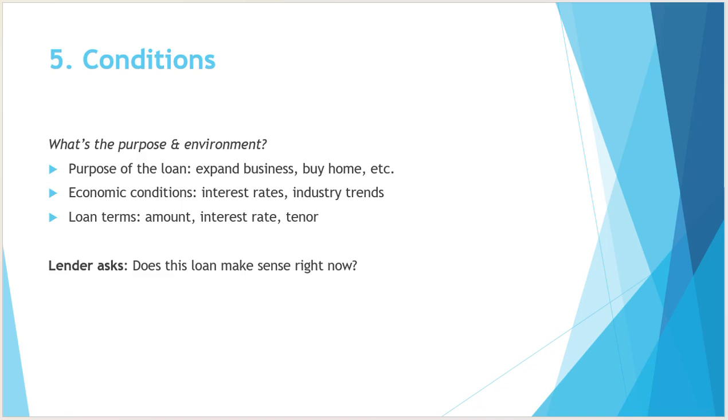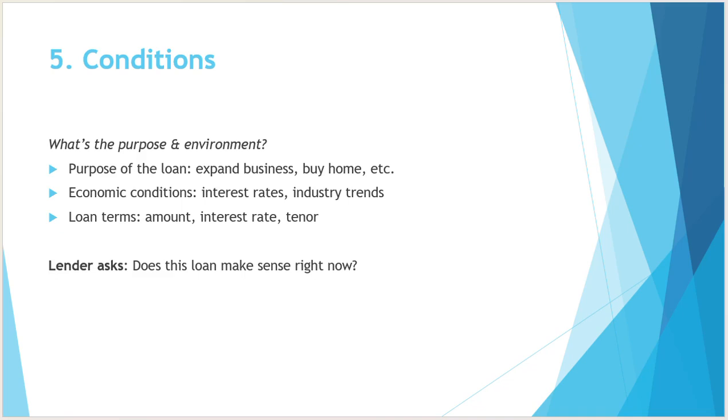The purpose of the loan could be to expand a business, a home loan, to buy a car, a gold loan, a personal loan, a term loan, or an infrastructure loan. These are different purposes for different objectives that a borrower wants to achieve.